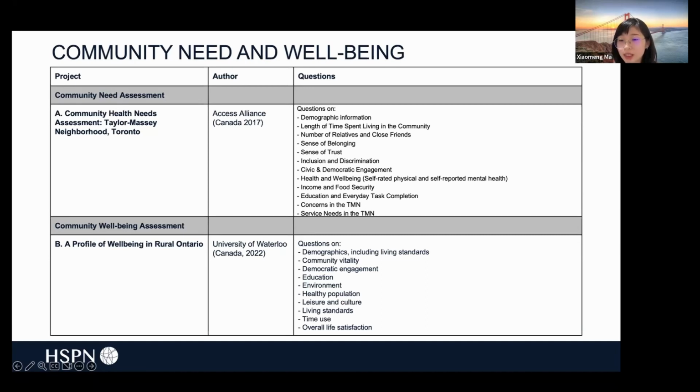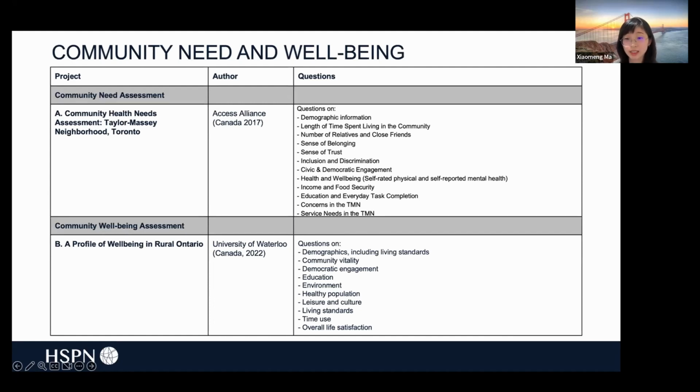Based on the evaluation examples from Access Alliance and the University of Waterloo on their regional community, questions to ask for assessing community need and well-being always include first their self-rated physical and self-rated mental health, the length of time they have lived in that community, the number of relatives and close friends, sense of belonging, sense of trust, and their feeling about inclusion and discrimination.